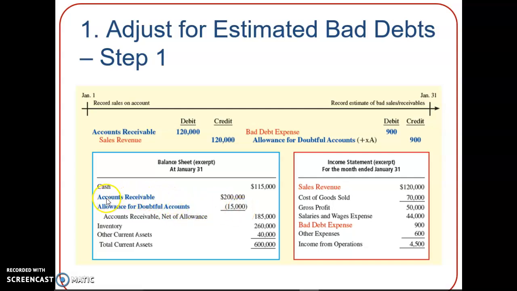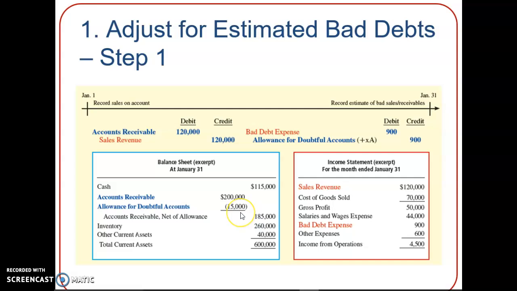If the accounts receivable account is reduced by the same amount as allowance for doubtful accounts, say both reduced by the same $1,000, with numbers like $200,000 and $15,000, then in fact the accounts receivable net of allowance remains the same, right? So here 200K minus 15K equals 185K.